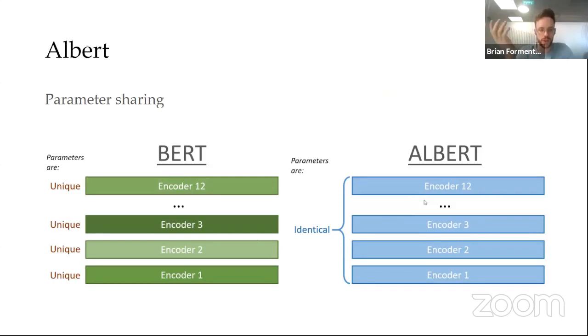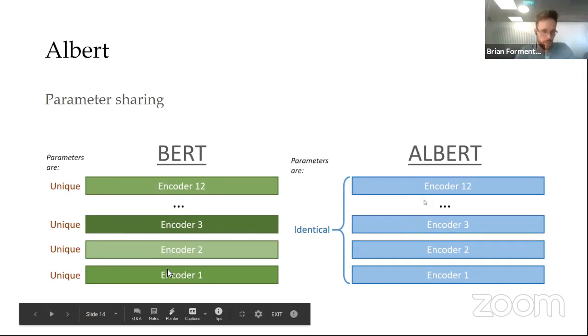It's called parameter sharing, but essentially in each encoder layer with BERT, you have unique parameters, right? But ALBERT comes along and says, okay, I'm going to train BERT, but then I'm going to take the first layer and just copy it across all other layers so that you have exactly the same parameters for all layers.